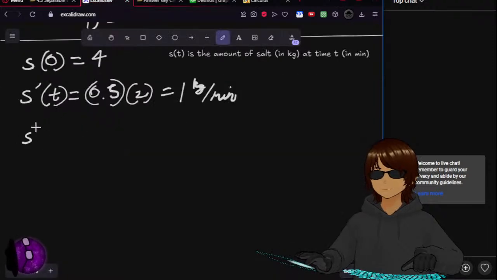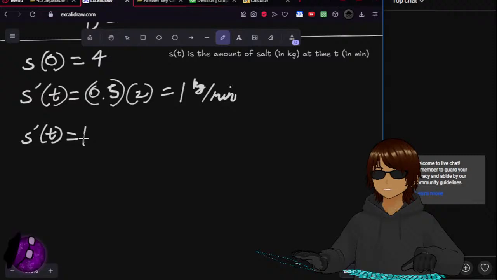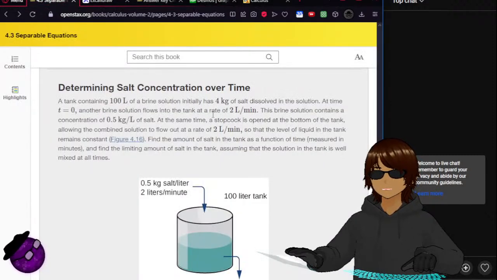I think I should do it like this. 1 kg per minute is adding, and how much is flowing out per minute?